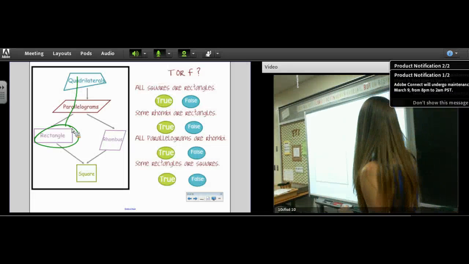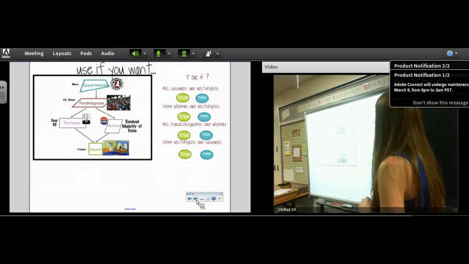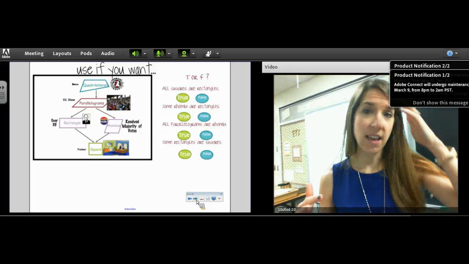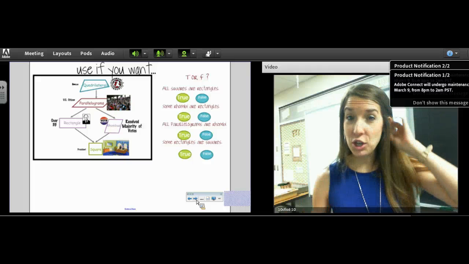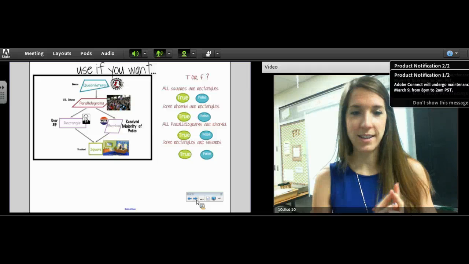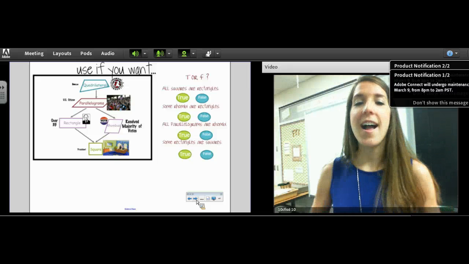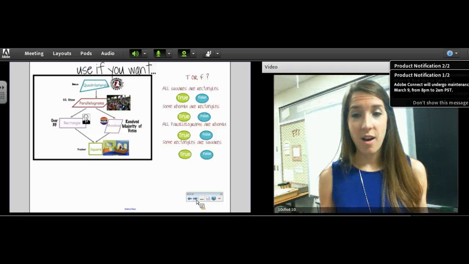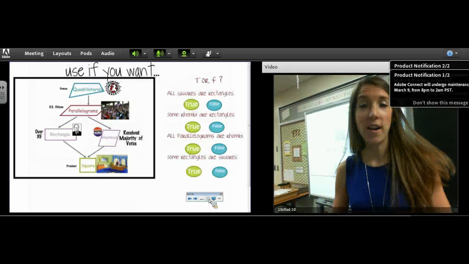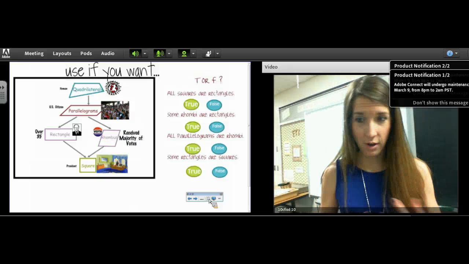Let me give you an analogy because I just think it's kind of fun. I want you to think of quadrilaterals as the human race. If you're human, you're a quadrilateral. So all humans are quadrilaterals. Stop typing the answers. Some humans are U.S. citizens, so some quadrilaterals are parallelograms.